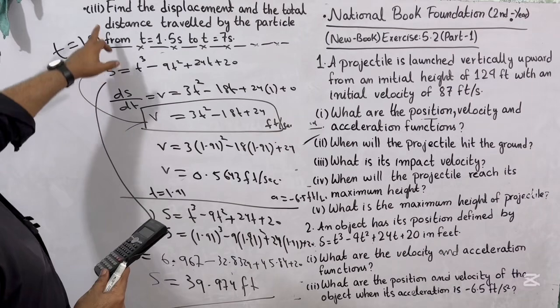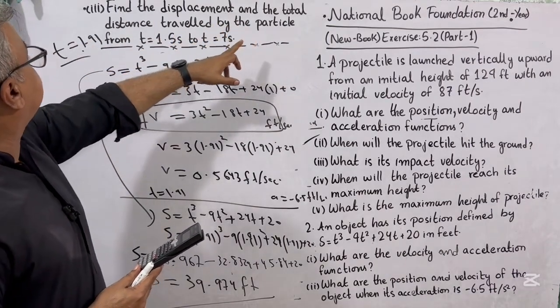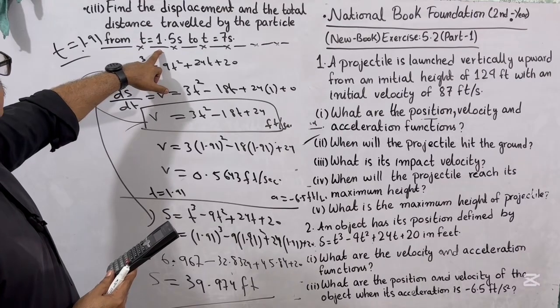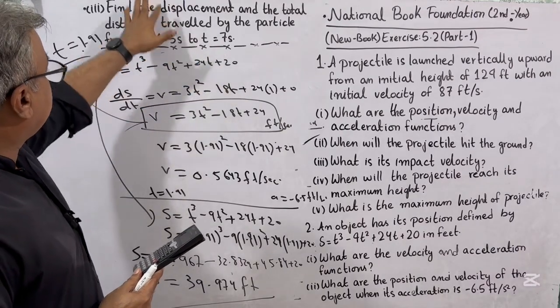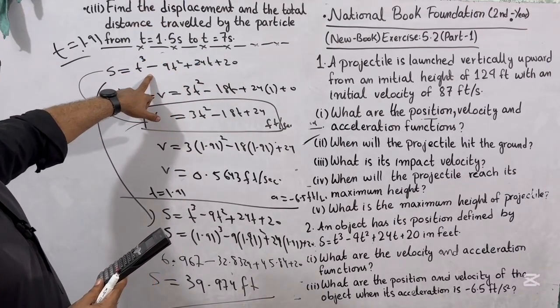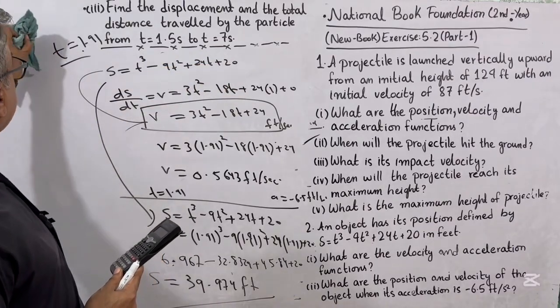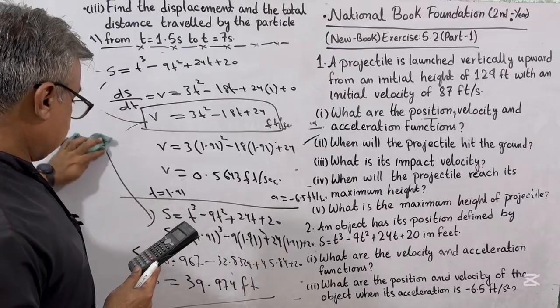Finally, find the total distance traveled by the particle from t is equal to 1.5 seconds to t is equal to 7. Just plug in that 1.5 and 7 seconds and add them up.